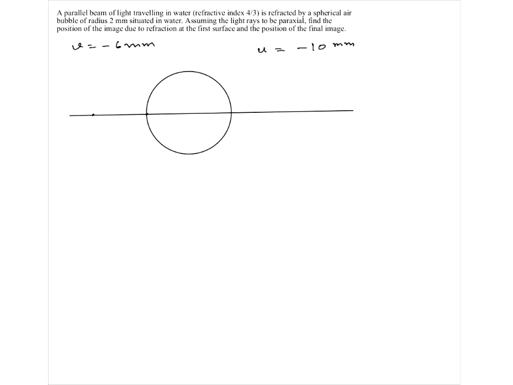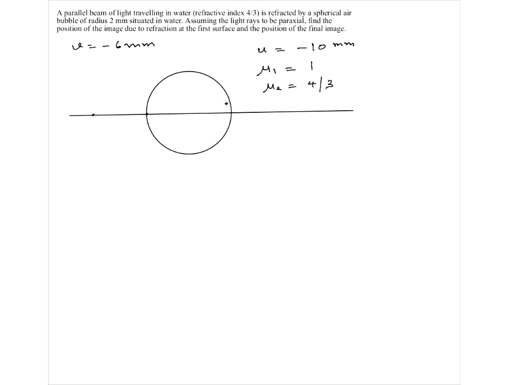And rays are coming from where for this interface? They are coming from optically rarer medium. So mu1 will be 1. This is air. Rays are coming from here. And that side is water. So mu2 will be 4 by 3.